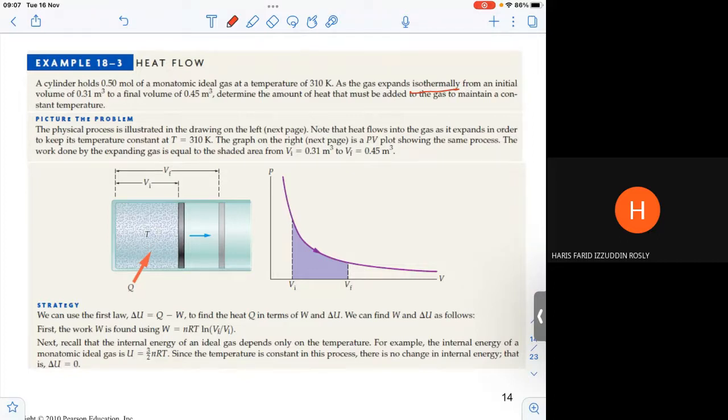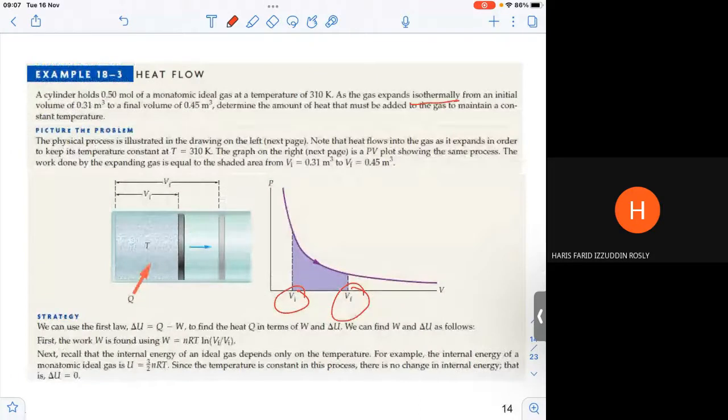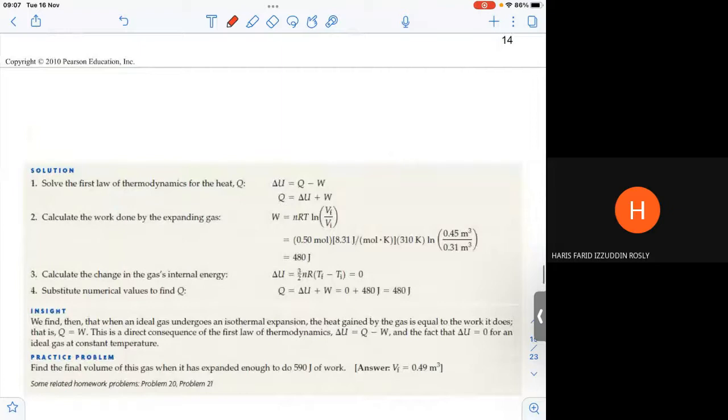Okay, how to do that? So here we have V initial and V final. Look at the word used, because we are giving some heat to the monoatomic ideal gas. These are not just an expression. Monoatomic ideal gas means you need to calculate some things here.